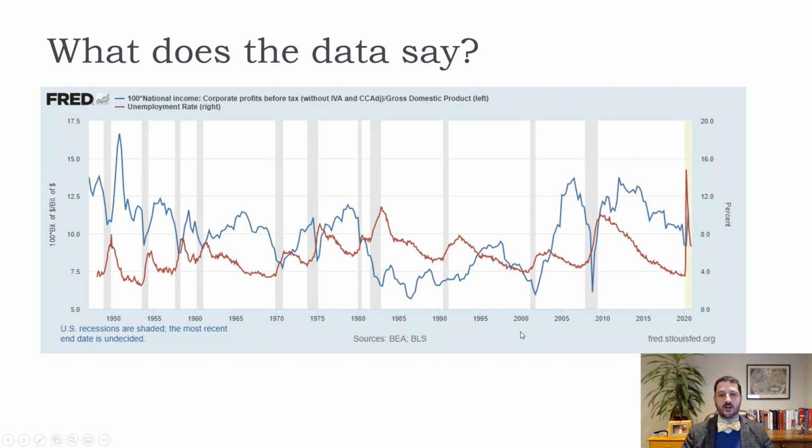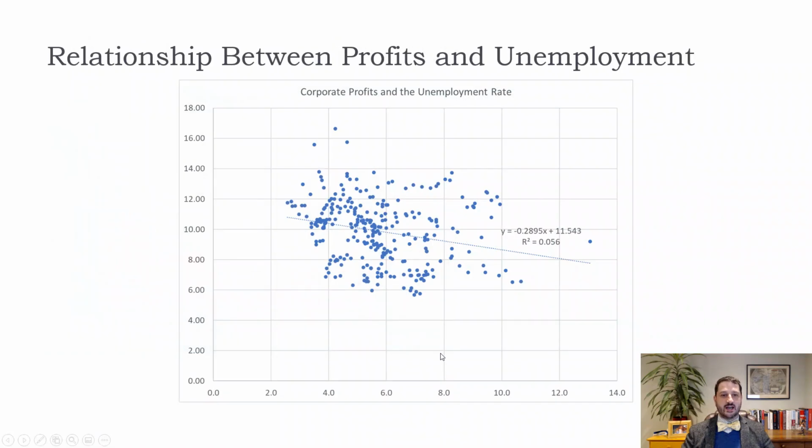The BLS does a measure of the natural rate of unemployment, but it's really just a weighted average. I don't really trust it. I don't think it's measuring what it thinks it's measuring. We can also do a scatter plot. So this is a scatter plot of corporate profits and the unemployment rate. And so you can see there's not a lot of explanatory power there.